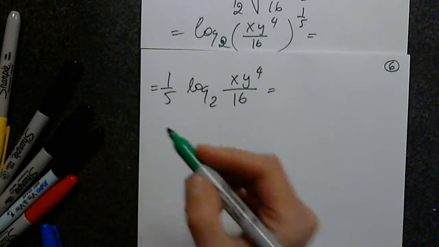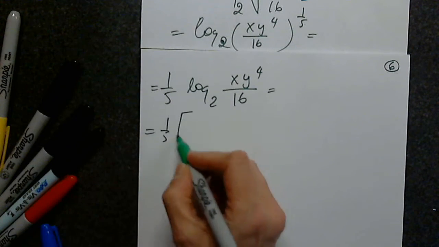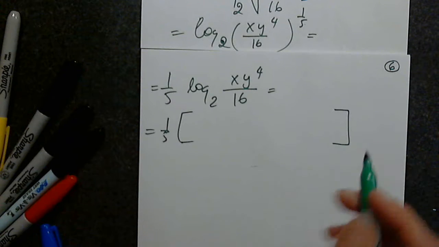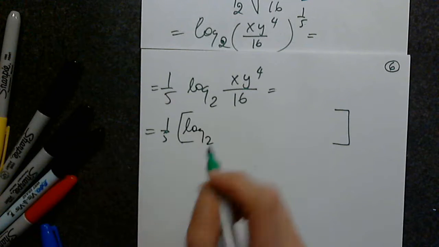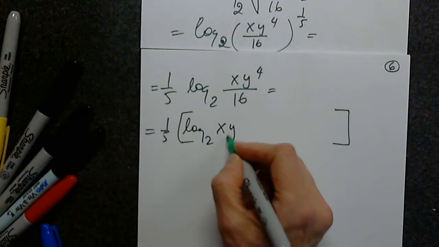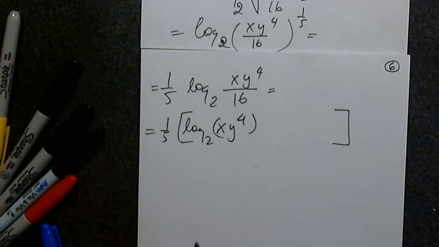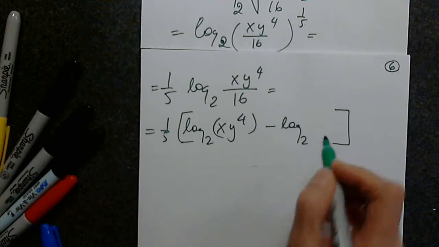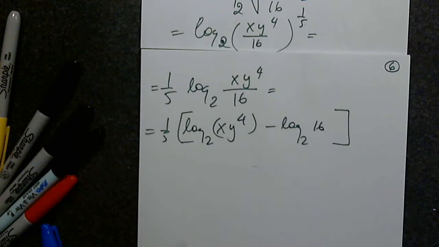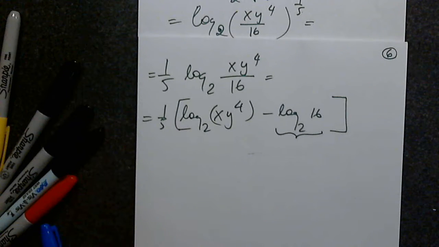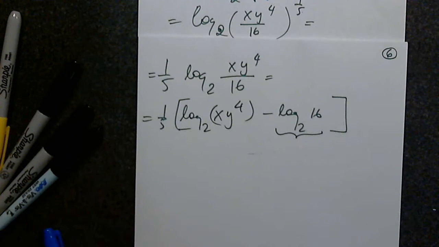So then I keep 1/5 outside. So now please tell me what we have in brackets. Log base 2 xy. Excellent. Minus. Yes. Log base 2 of 16. Perfect. Now let's see if we can simplify this in any way, shape, or form. Let's work on this for a moment and then come back.